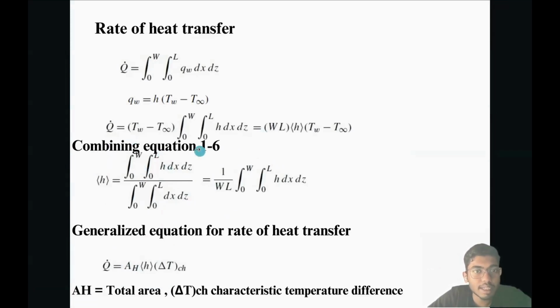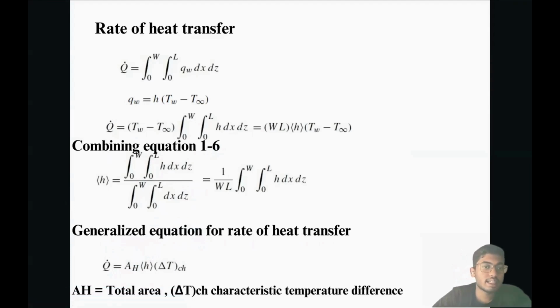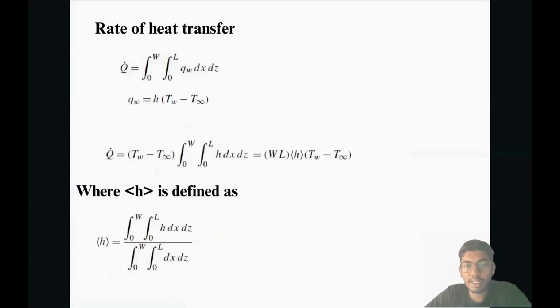Combining equation 1 and 6, then rearranging, we get the generalized equation for rate of heat transfer. That is Q is equal to A H into delta T characteristics. What is delta T characteristics? If we go back in our slide, we'll see TW minus T infinity.